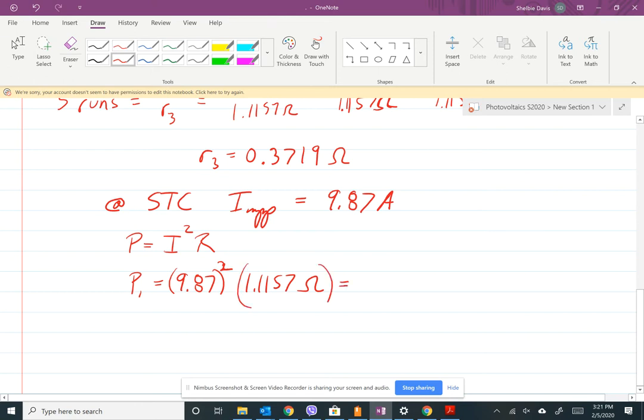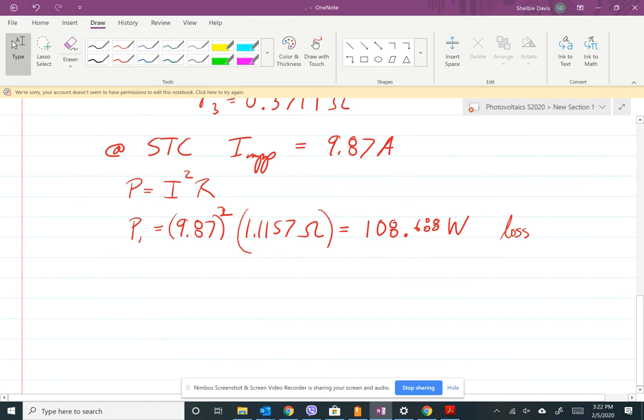That's equal to 108.688 watts. That's your loss if you do 1. Okay?